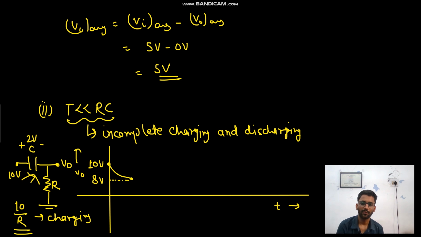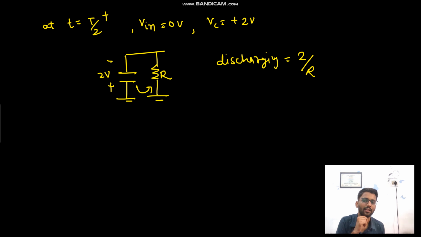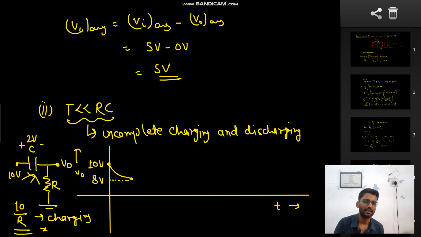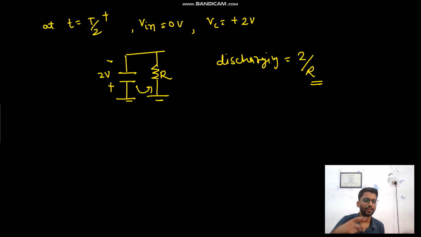Here the capacitor has a gain of 2 volt. So what will be the loss here? Lesser than 2 volt, right? Because the speed of discharging is less. Here the speed of charging was more, and here the speed of discharging is less. So the loss will be lesser as well, right? So V naught will go something like this.